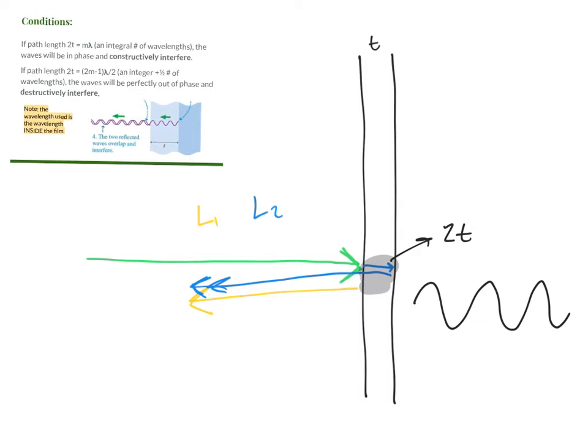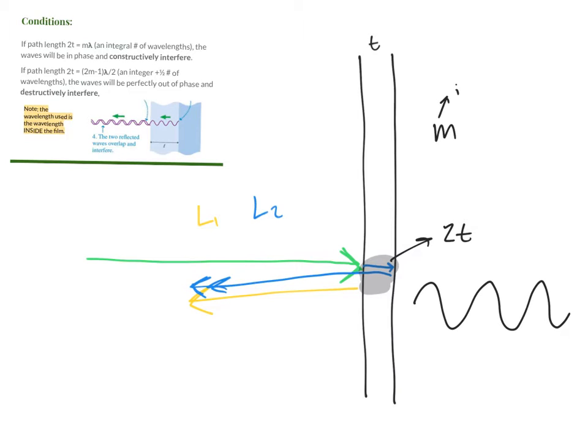And it goes in at a certain phase, at a certain point on the wave, and it comes out on a certain point. Now, if we want these things to constructively interfere and add together, that means the blue wave needs to enter and exit the film in the same phase it was already in, which means it needs to have gone an integer number of wavelengths, which is going to be m.